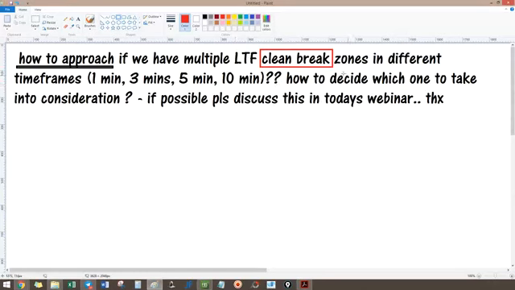If there are a lot of clean breaks in 1 minute, 3 minute, 5 minute, and 10 minute, how to decide which one to take into consideration?